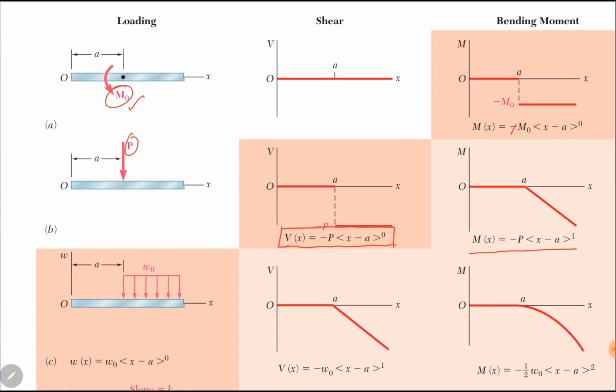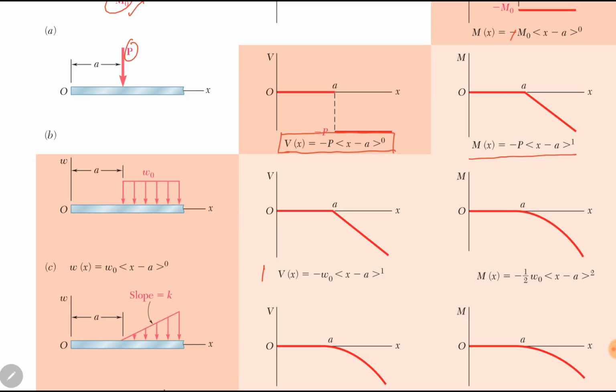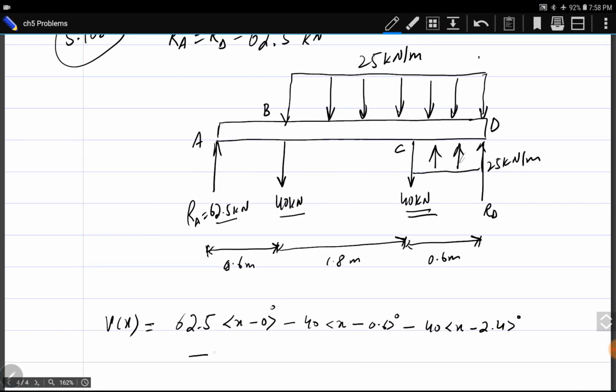For a uniformly distributed force, shear force function is minus W naught into x minus a power 1 for downward distributed loads. Remember that this is right and closed. That is why we have closed our loads till the right end. So minus W naught into x minus a power 1. Here it is minus, for this load of 25 kilonewton, minus 25 into x minus a.